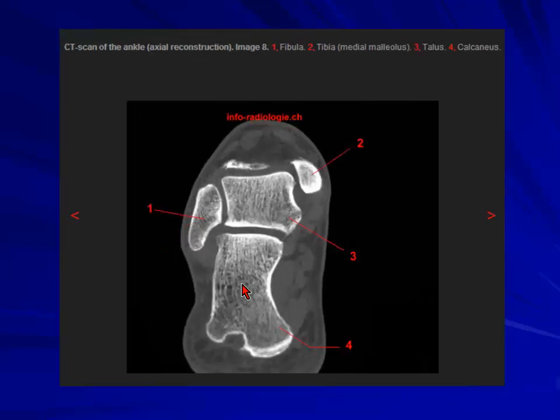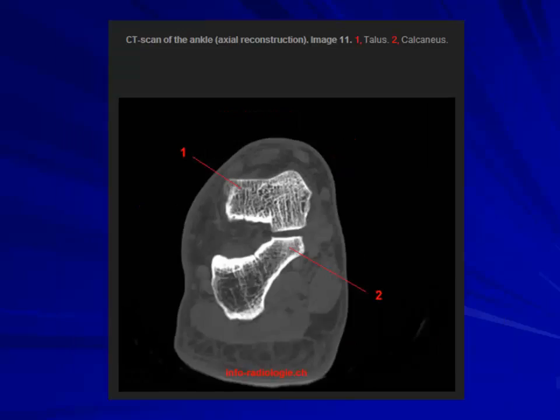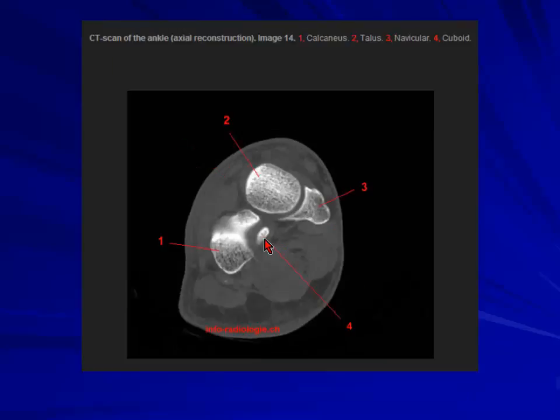So as we go along, again the same. This is talus and calcaneus with the medial side, and now you've got navicular coming. So you know that's navicular. You know that this will be talus articulating. You know this is calcaneus, and this will be articulating with the cuboid.